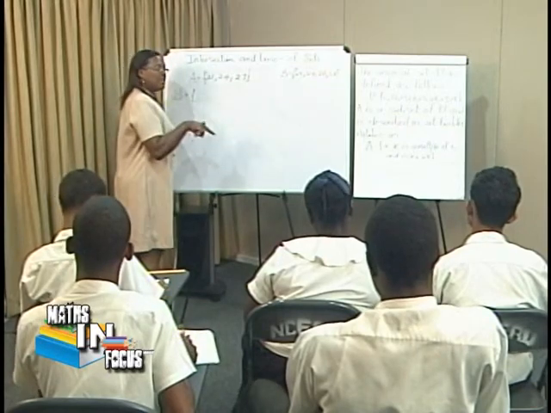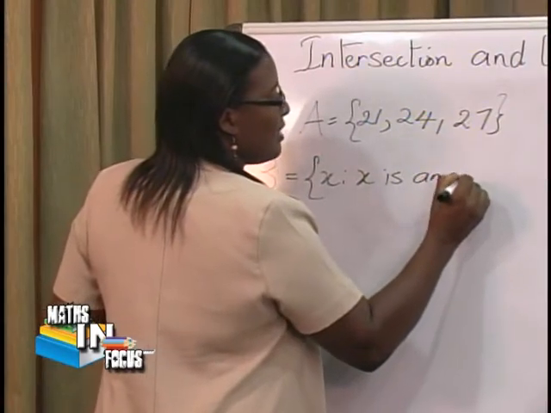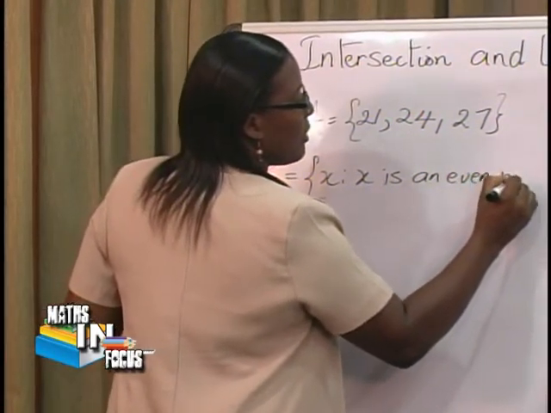Fidelity, did you use multiples or did you use even numbers? Even numbers. So we write x such that x is an even number.